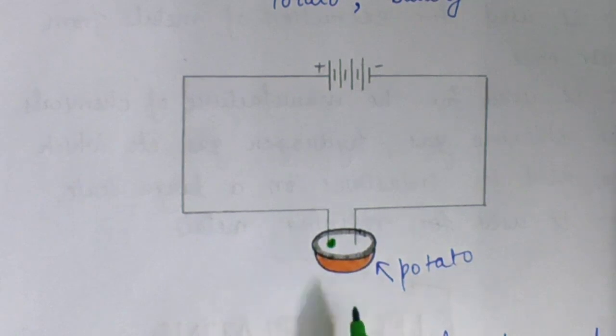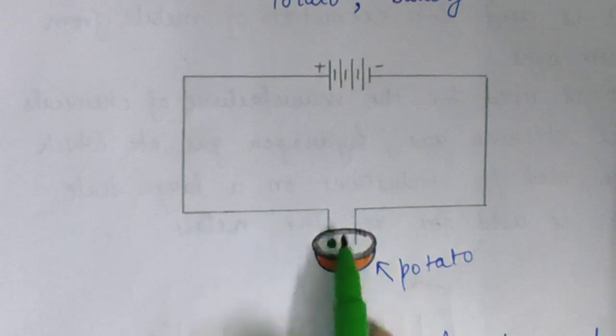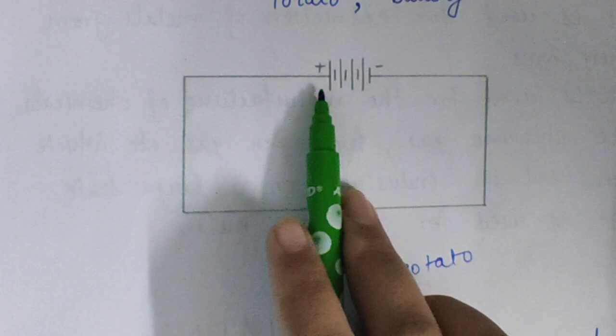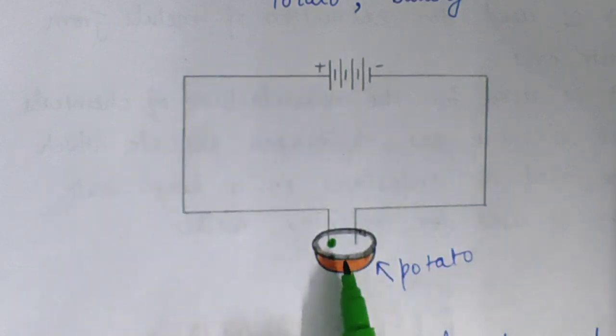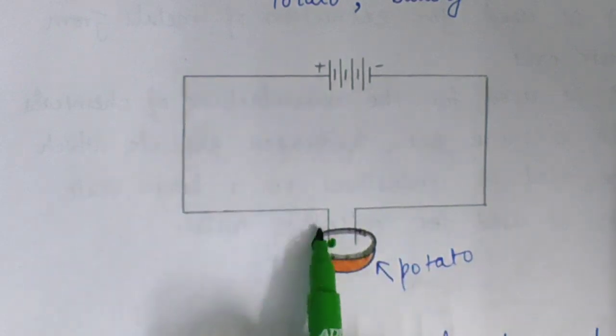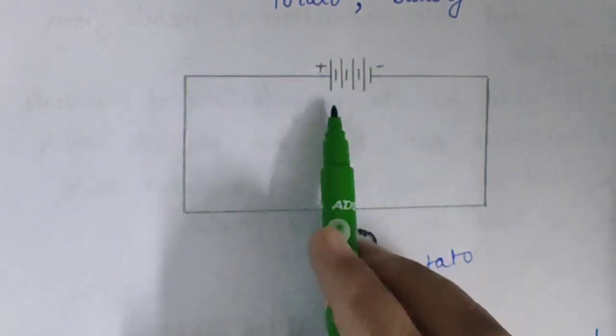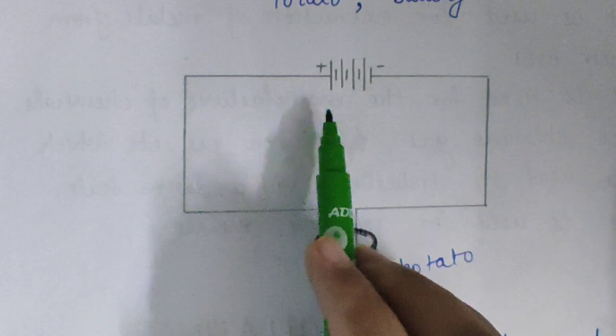You will notice that the green spot is always formed around the wire that is connected to the positive terminal of the battery.